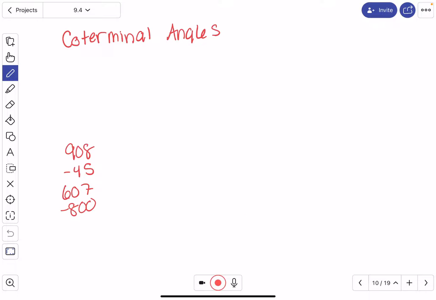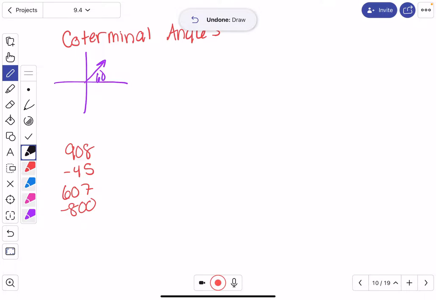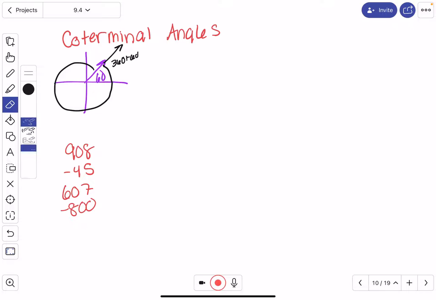Coterminal angles are called so because that terminal ray would end in the same place. So you could have a 60-degree angle, but then if you went around another full circle, it's the same terminal, but it's been 360 plus 60. And you can keep doing that forever, or you can go counterclockwise and get negative angles.